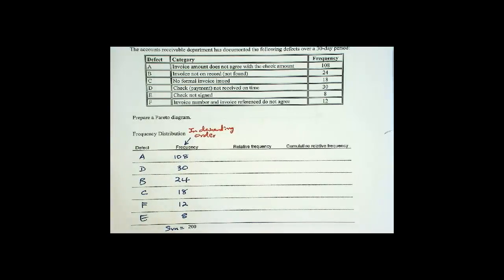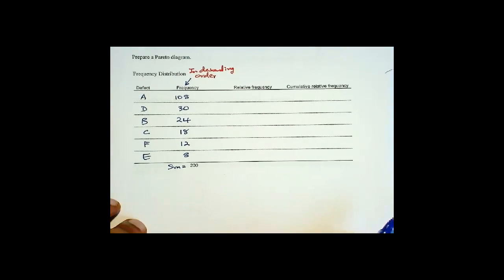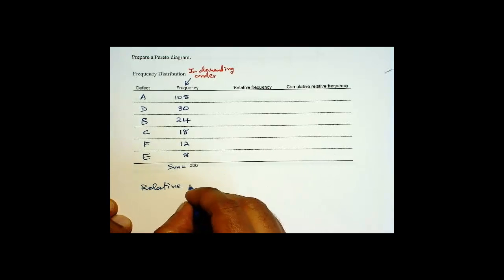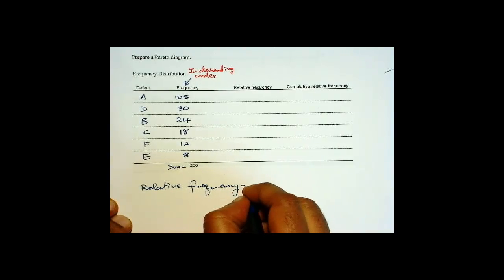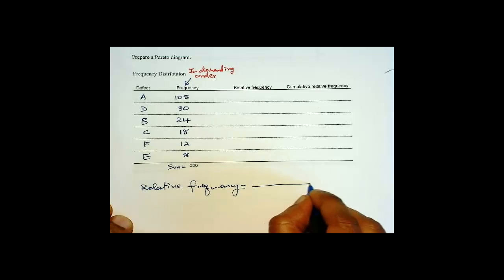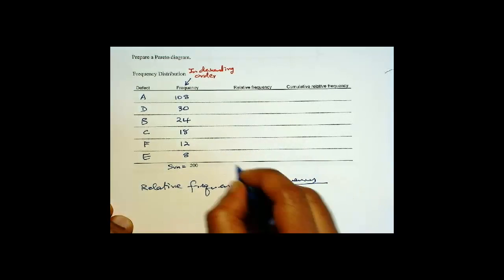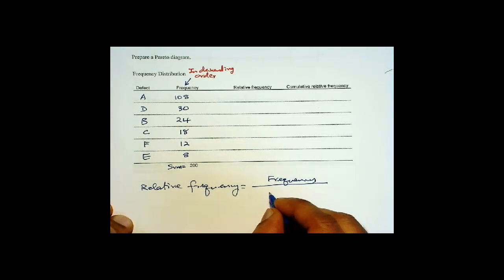So this is what we're going to use for the bar chart part, and we need relative frequency and cumulative relative frequency for the line that we have to draw. Relative frequency is given by taking each frequency and dividing by the sum of frequencies.